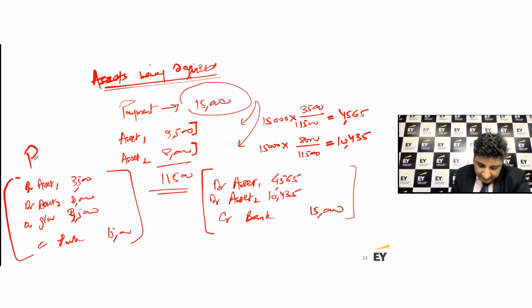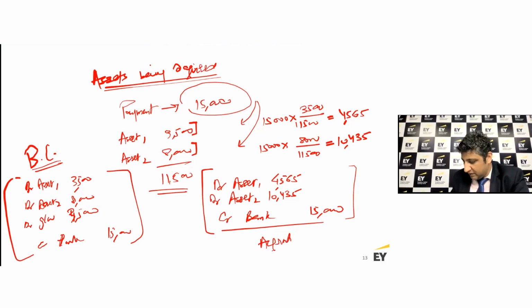This is the business combination, and this is of course acquisition of an asset, or in our case, a group of assets. It's something that we need to know very comfortably here, something that you really want to pick up from this conversation. All right, thank you very much.